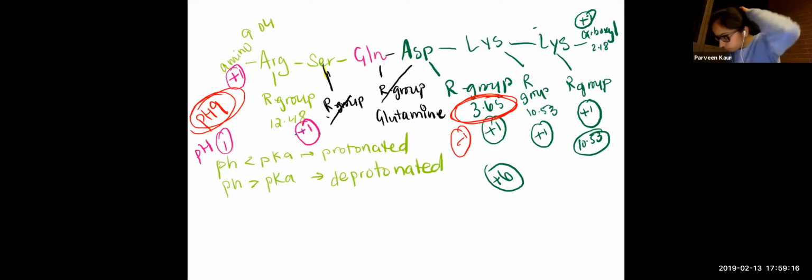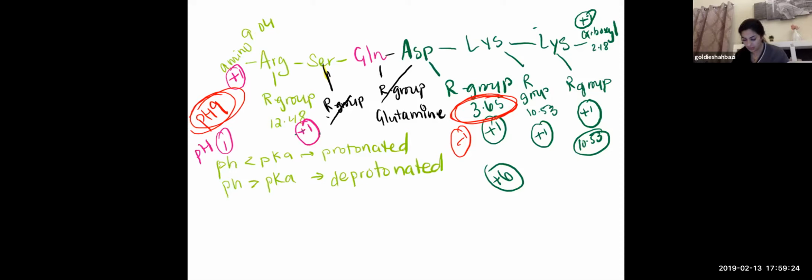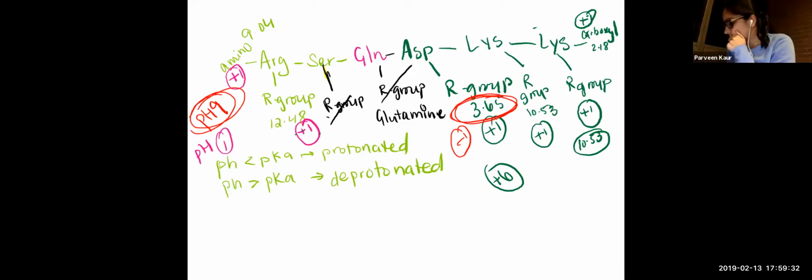I think we got all of them. So then what's the answer? I'm getting +6. That one wasn't one of the options, I don't think. That's why I'm double checking. Because that's 3.65, 10.53.